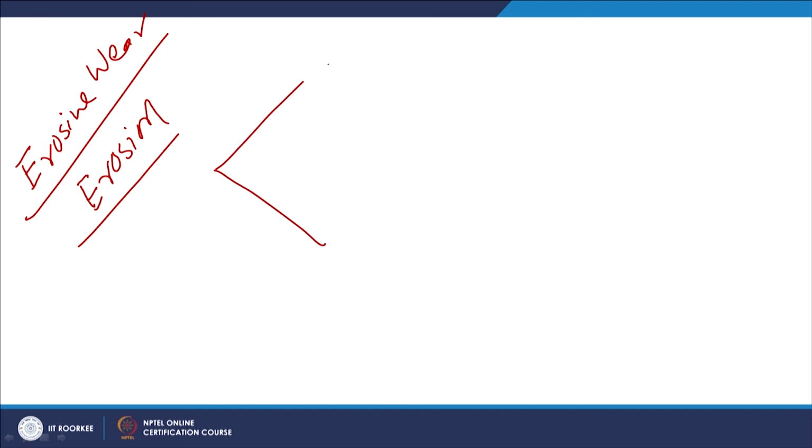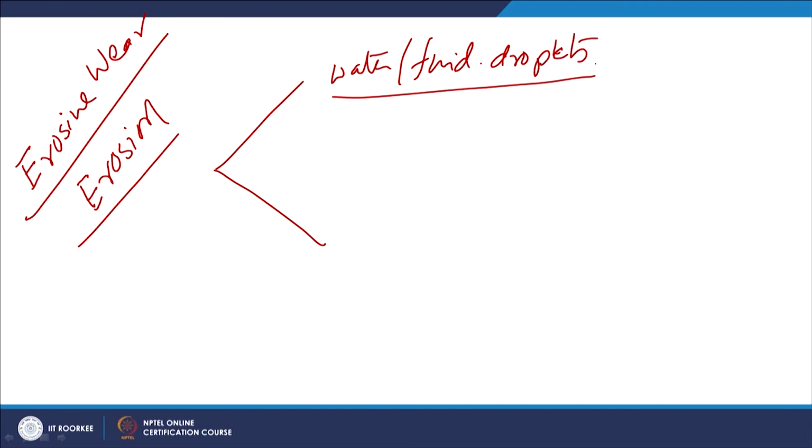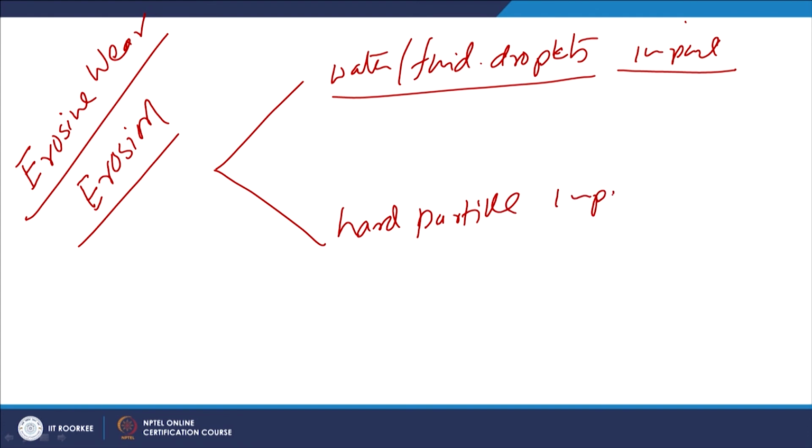One is when water or fluid droplets moving at a high speed impact the surface of the component being considered, or hard particle impact or impingement on the surface of the workpiece takes place.